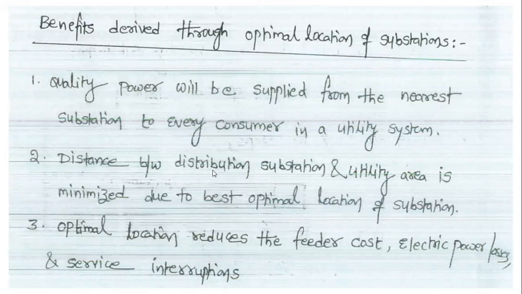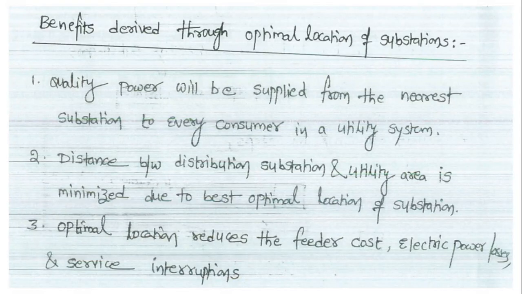The distance between the distribution substation and the utility area is minimum due to the optimal location of the substation. If we reduce the distance between the distribution substation and the load area, then automatically we reduce many losses and also reduce the voltage drops.